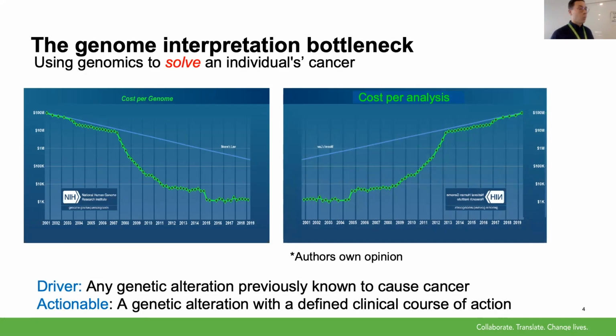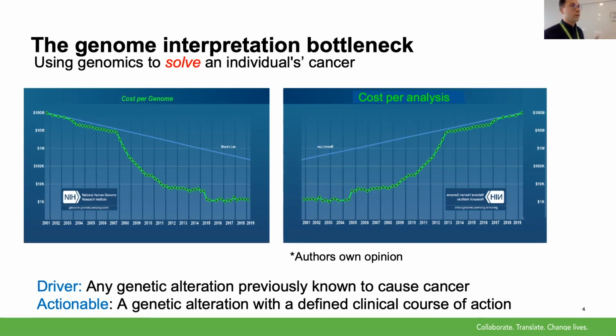So we have to work to efficiently curate clinically meaningful mutations that can be targeted for treatment among the many mutations that are found in the genome, because this is now seemingly our mutation bottleneck.